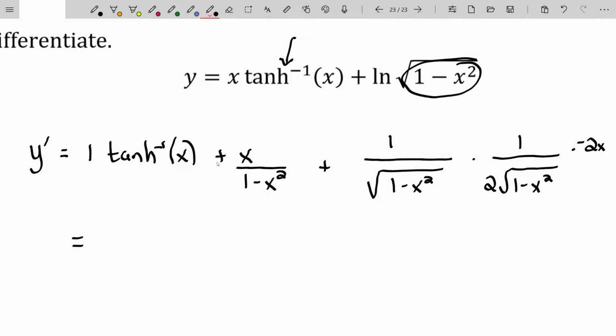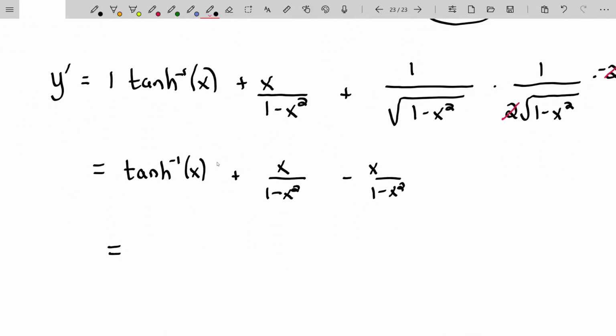This will be a tangent inverse of x plus x over 1 minus x squared. And then the 2's on this last expression will cancel, and it'll be x over 1 minus x squared with a negative in front. So minus x over 1 minus x squared, which is beautiful because this just comes down to the tangent inverse of x.